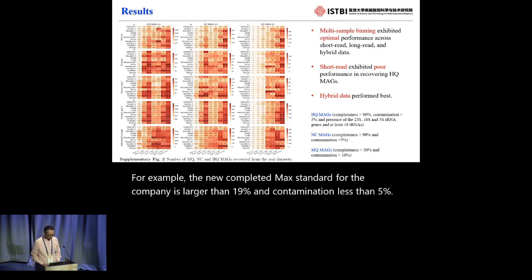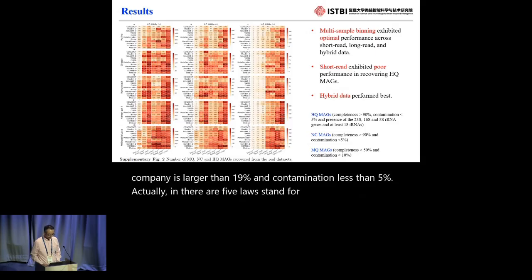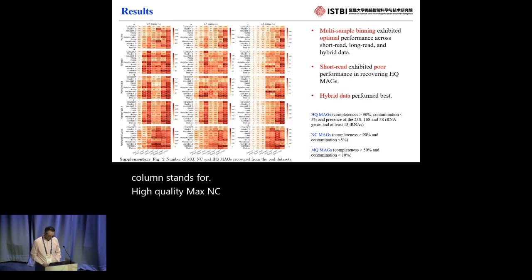Actually, there are 5 rows standing for 5 datasets, and each column stands for high-quality MAGs, near-complete MAGs, and medium-quality MAGs, respectively. From the results, we have 3 findings.